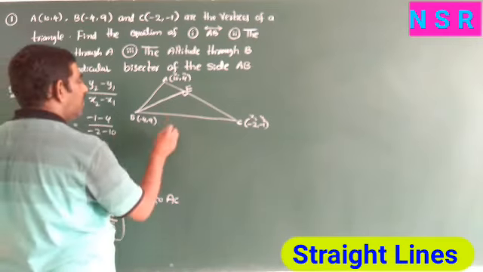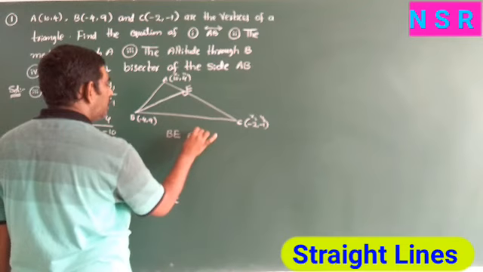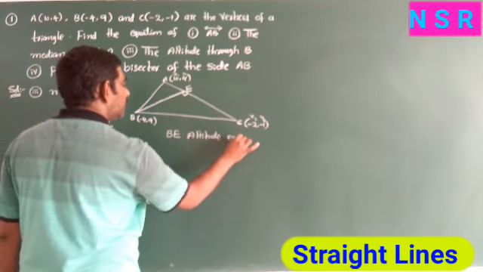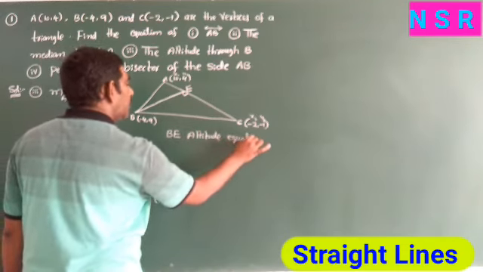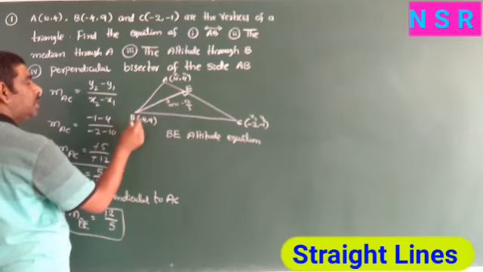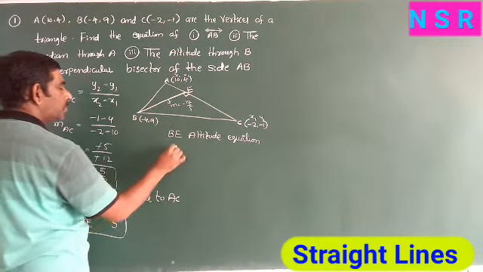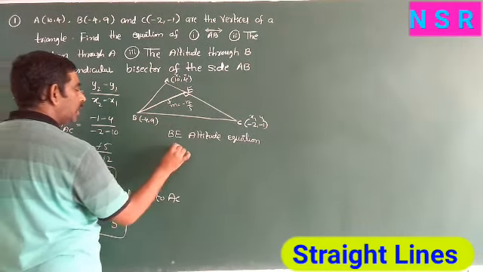So write here BE altitude equation. So here B point is there and also the BE slope is there. What is the slope of BE? Minus 12 by 5. Now here slope and point are present, so apply here the slope point form.